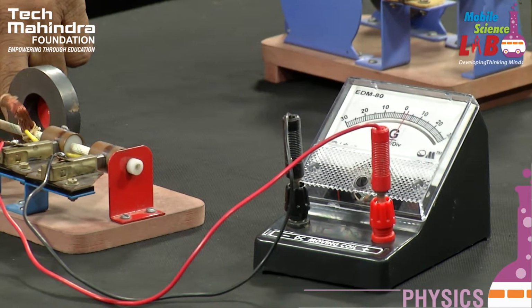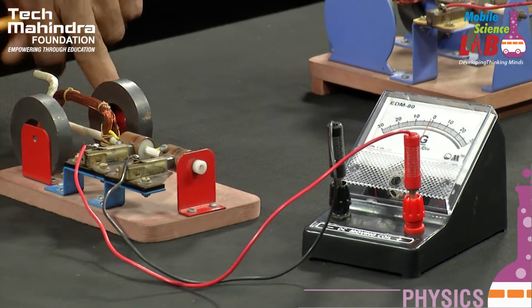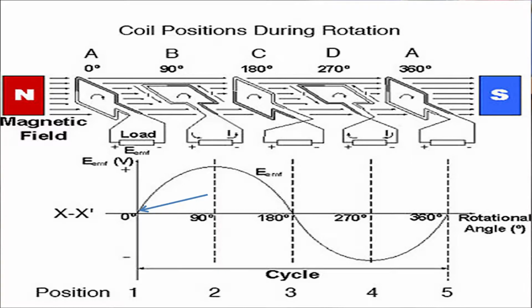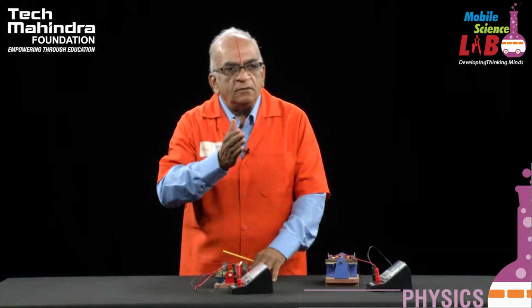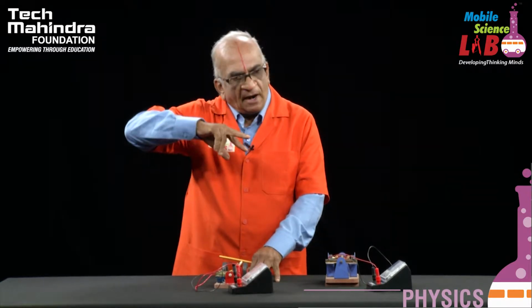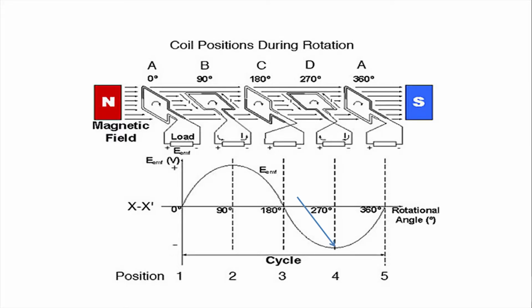In this way, when I keep on moving this, the current starts from 0, reaches a maximum value after a quarter cycle, and if you rotate it further from quarter to half cycle, the current starts decreasing. The pattern is the same on the other side from half to one cycle, but in the reverse way.